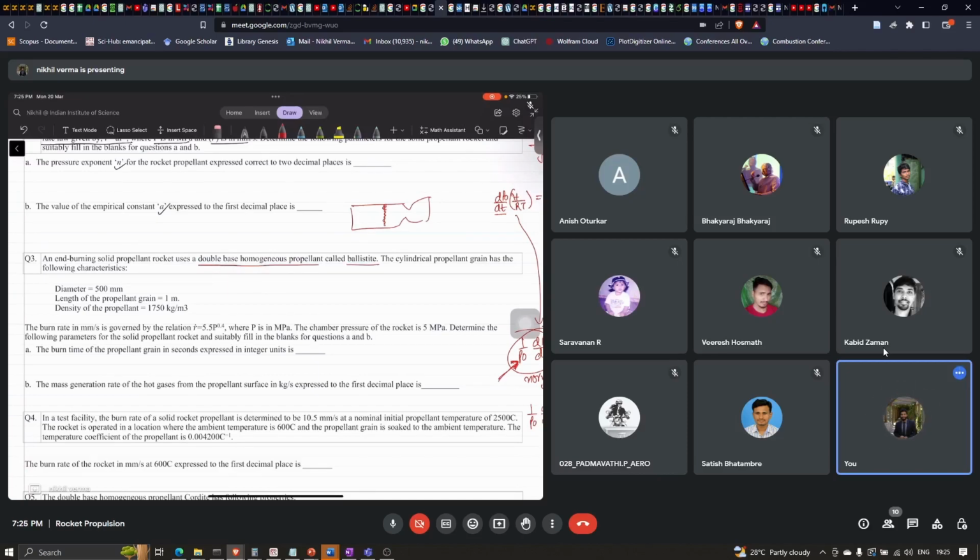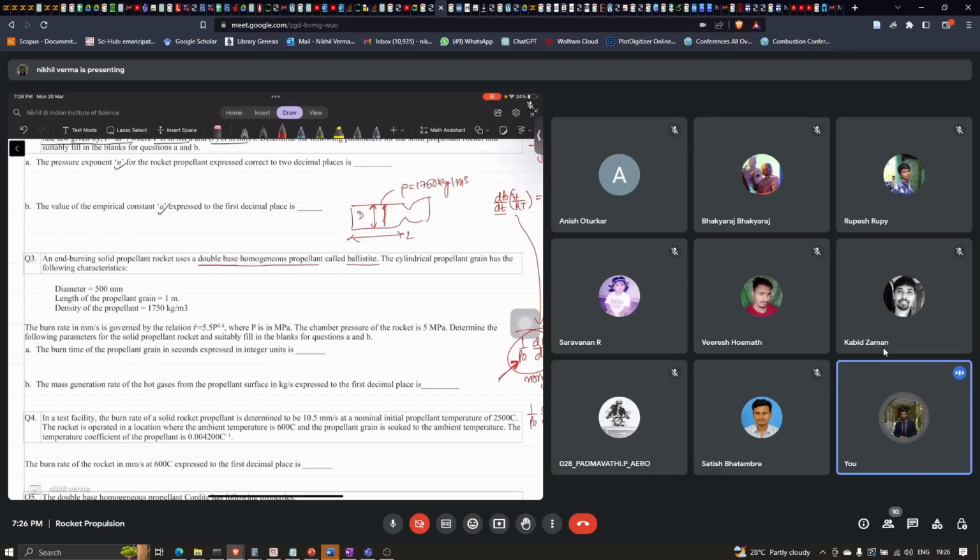The cylindrical propellant grain has the following characteristics. Diameter is given. Then the length of the propellant grain is given, and density is given as 1750 kg per meter cube.